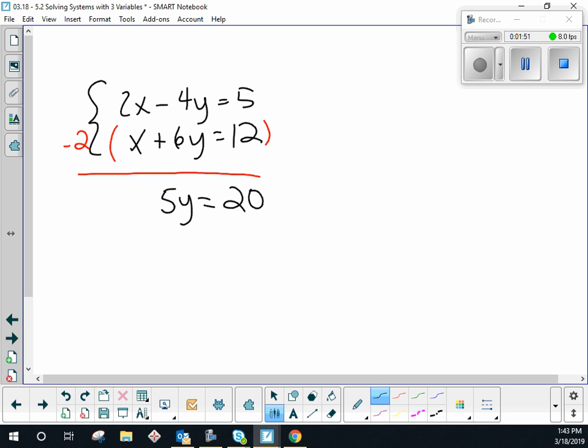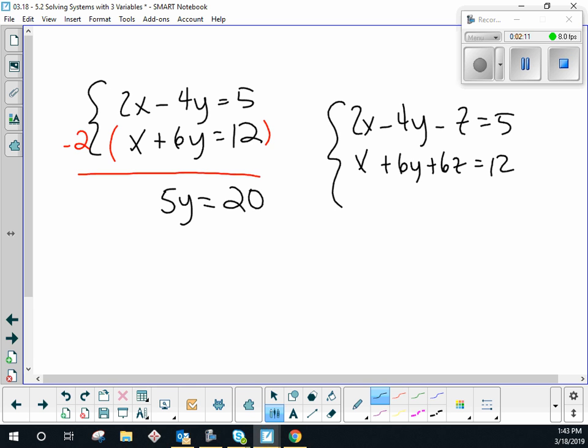However, today we will have not just two equations with two variables, we're going to have three equations with three. So let's say I had something similar to that, but with a third variable. Let's say we had something like that. And I was going to do the same thing and do that multiply by -2 step.